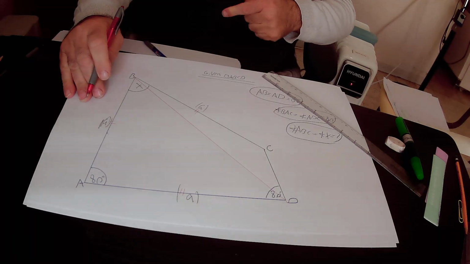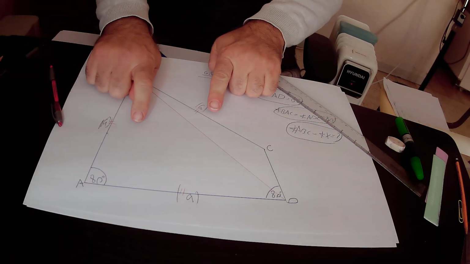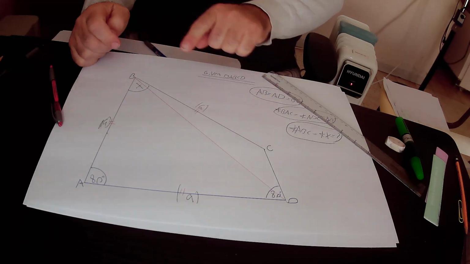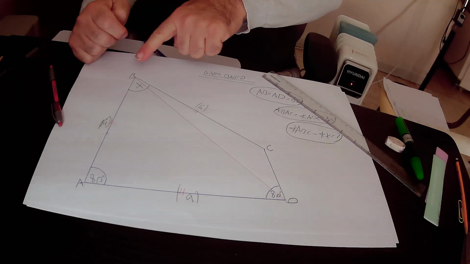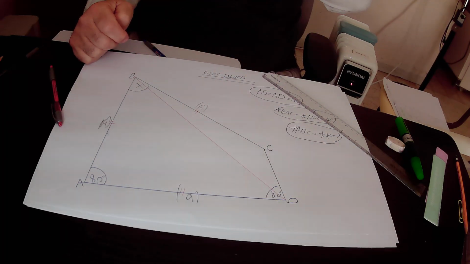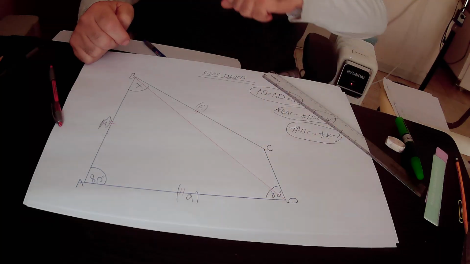By joining points B and D, we divided this quadrilateral ABCD into two triangles. This is the upper triangle BCD, and this is the lower triangle BAD. In the next step, we'll focus on the lower triangle BAD.